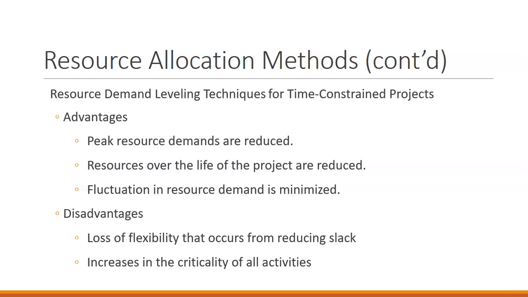So if we only had 4 backhoes available as a company in whole, we would help with that total resource demand. However, because we're taking advantage of the slack in that scheduling, we lose some of the flexibility in our schedule. This makes more of our activities critical activities.